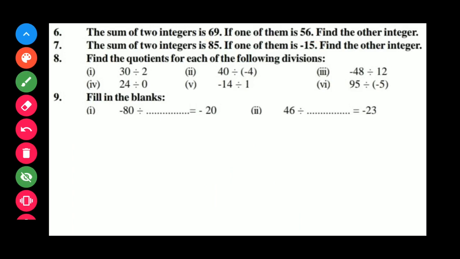Now come to question number 7. The sum of two integers is 85. One of them is minus 15. Find the other integer.